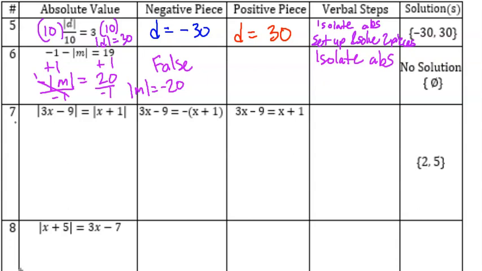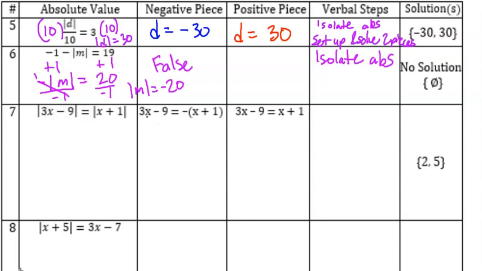Let's look at example 7. We have two absolute values for this one. The absolute value of 3x minus 9 equals the absolute value of x plus 1. Well, the first thing you want to do is write your two pieces, your negative piece and your positive piece.